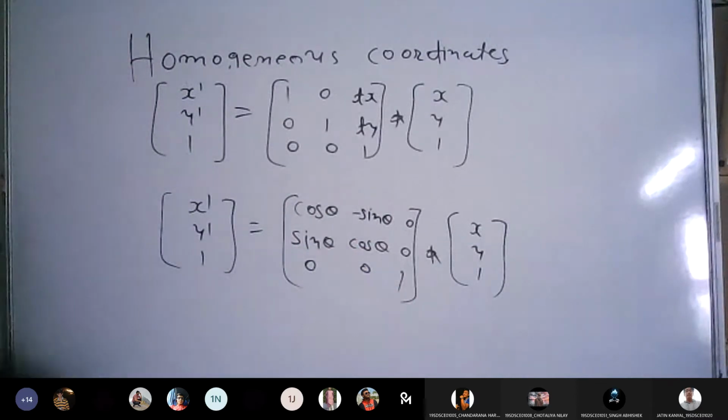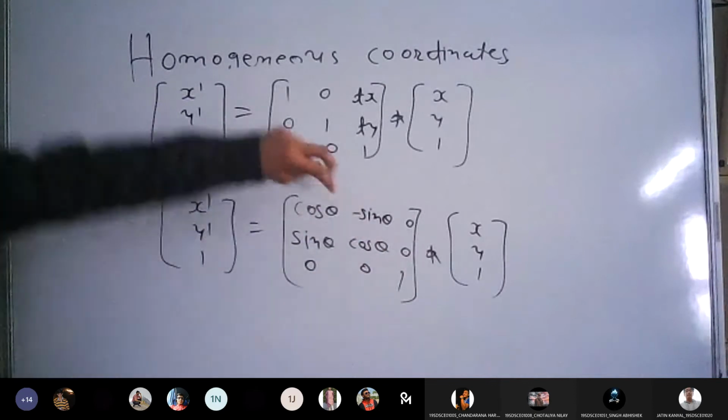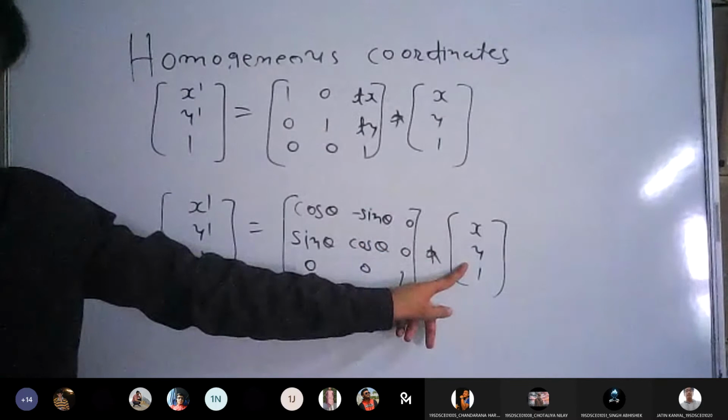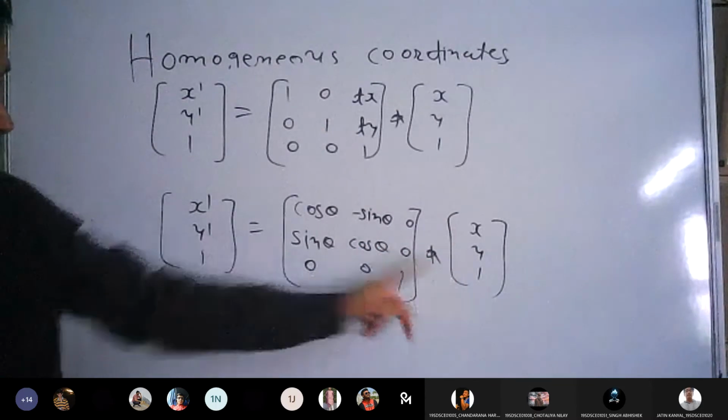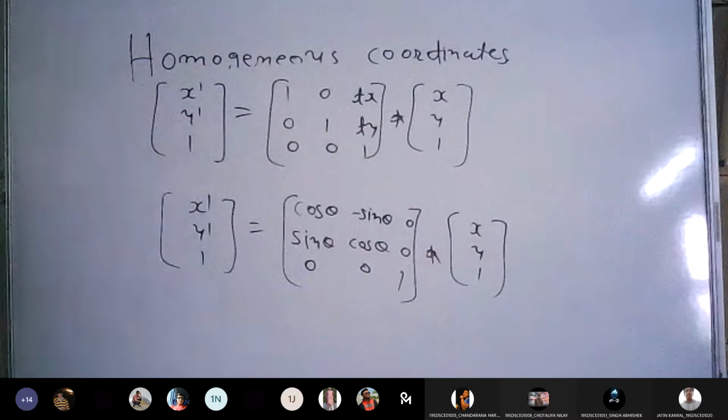Is it fine? Cos theta, minus sin theta, 0; sin theta, cos theta, 0; 0, 0, 1. Multiply it. Cos theta into x, which is x cos theta, minus sin theta into y, which is minus y sin theta, plus 0. Similarly, x sin theta plus y cos theta, 0, and 0, 0, 1. Fine?